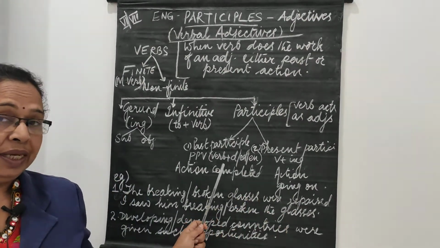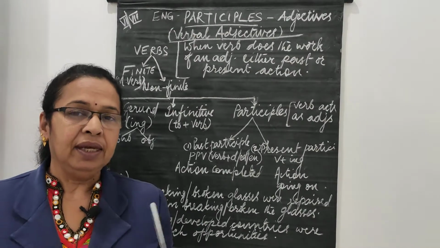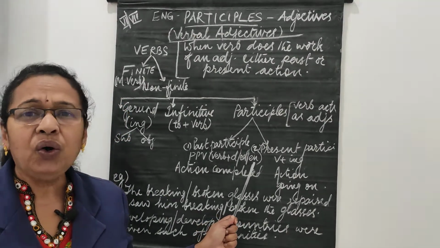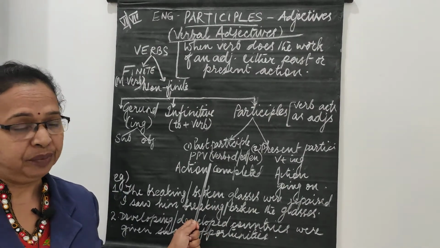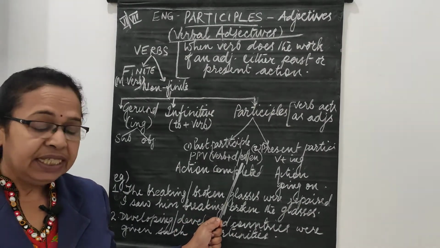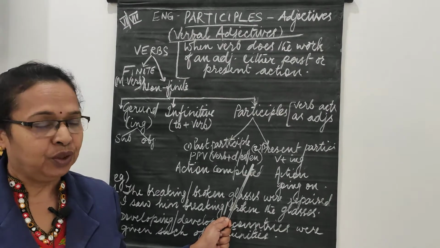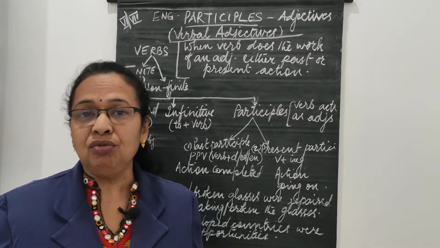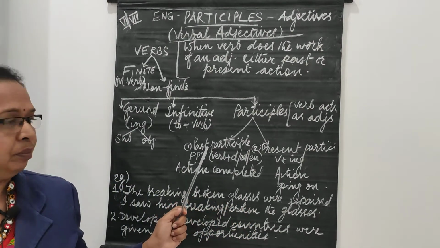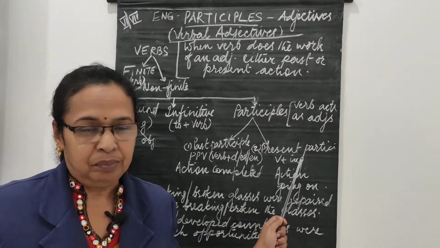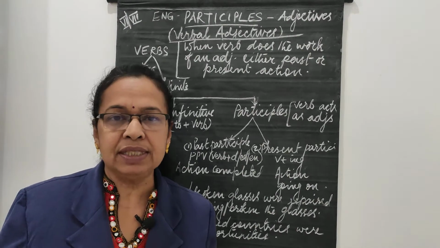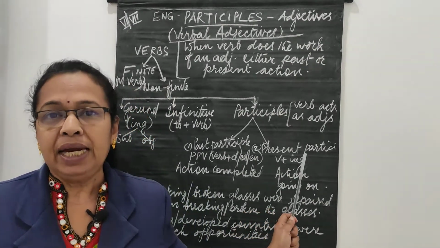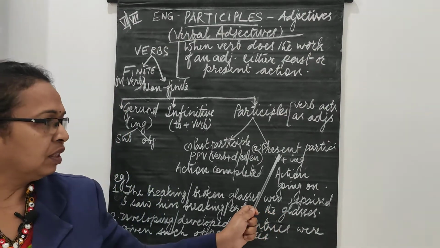A past participle is formed by adding d, ed or en to the verb. When you add d, ed, en to the verb, it becomes a past participle. A present participle is very simple. It is formed by adding ing to the verb.